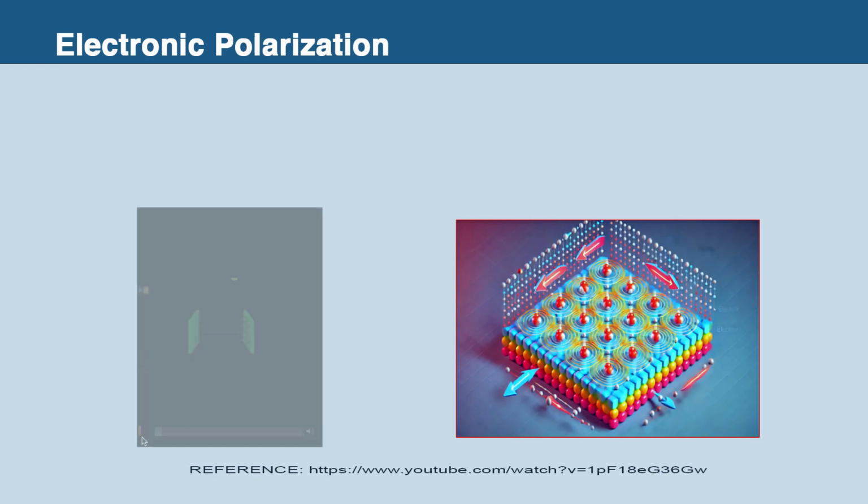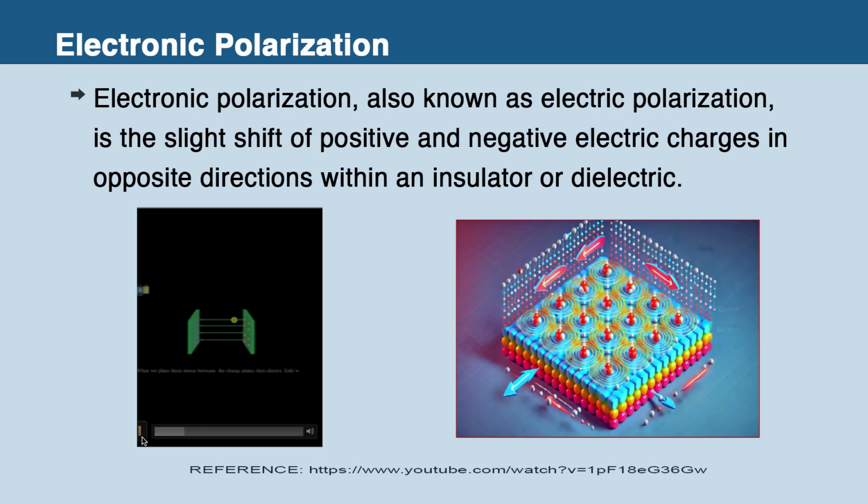What is electronic polarization? In this mechanism, the electric field causes the electron clouds in atoms to shift relative to the nucleus, creating a dipole moment. This is a rapid process and occurs almost instantaneously when the field is applied.